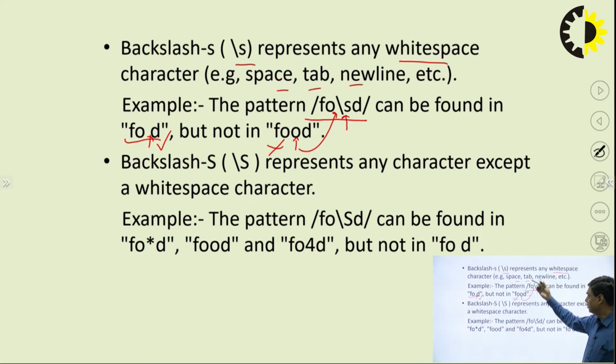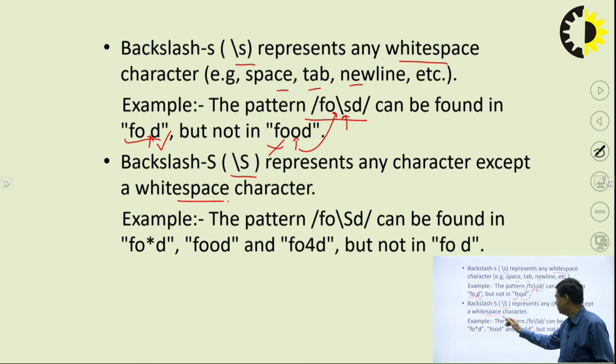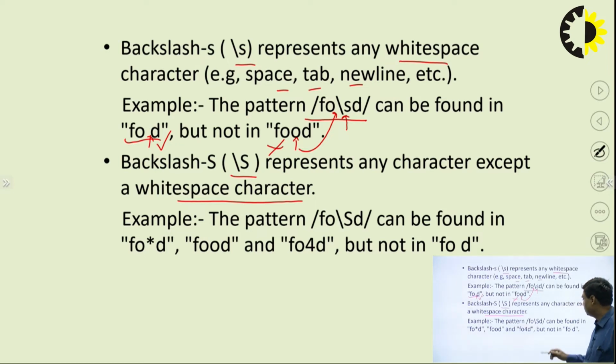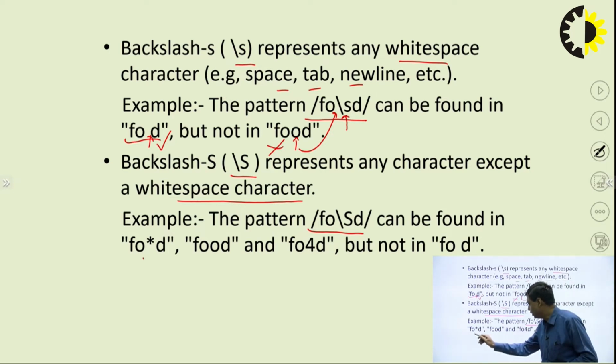Now just the reverse of small s. If you are using the capital S, that represents any character except a white space character. So white space character is not applicable and anything else is applicable. So we are using this regular expression. It can be found in this string, which is valid.